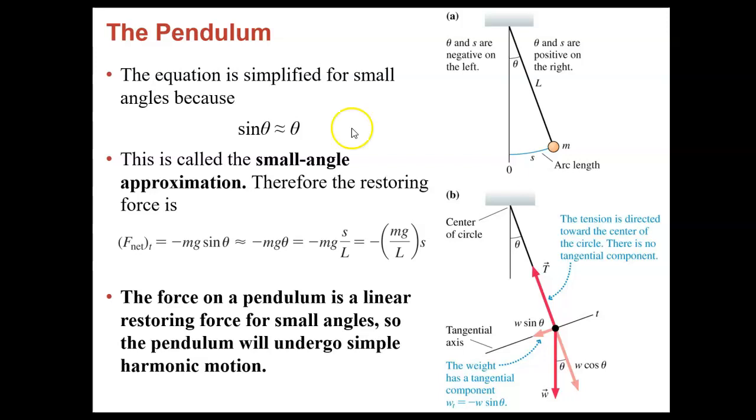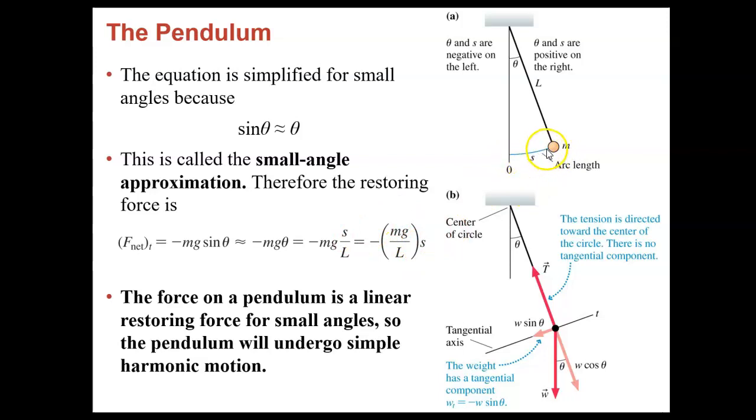So the net force is mass times gravity times sine of theta. Because these angles are really, really small, the sine of theta is about theta. And so then you can have s over L. So the net force is mass times gravity divided by the length times your arc. s is your arc length.